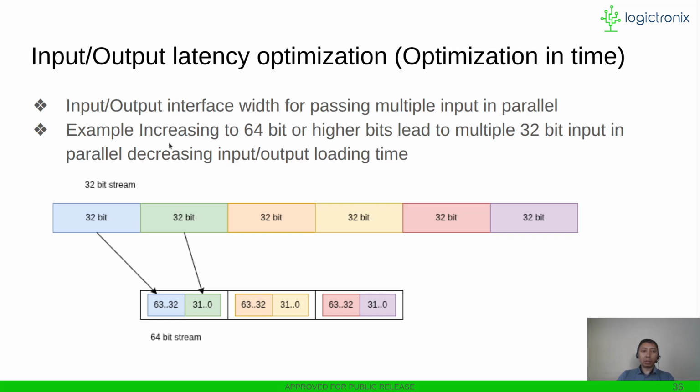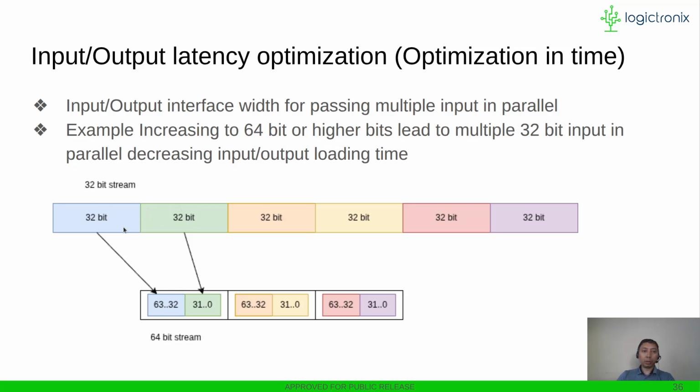For example, in a 32-bit stream, your data will be read as a single 32-bit data.